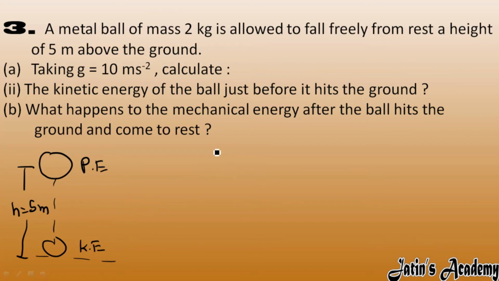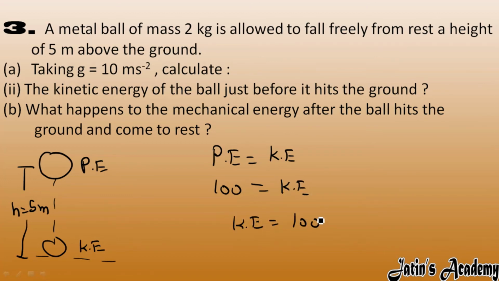The whole potential energy is converted into kinetic energy. Potential energy we already calculated in the previous part, that is 100 joule. So the kinetic energy of the ball just before it hits the ground is 100 joule.